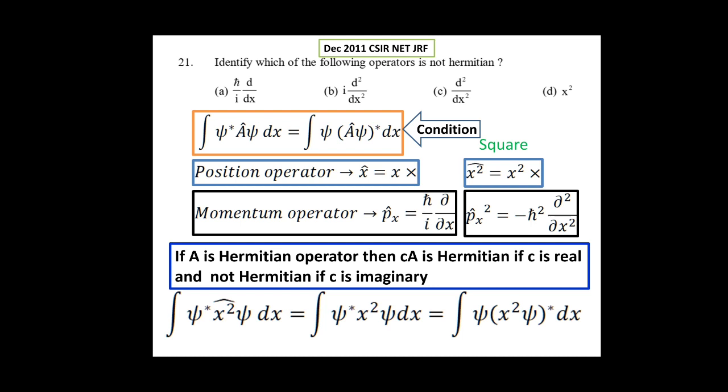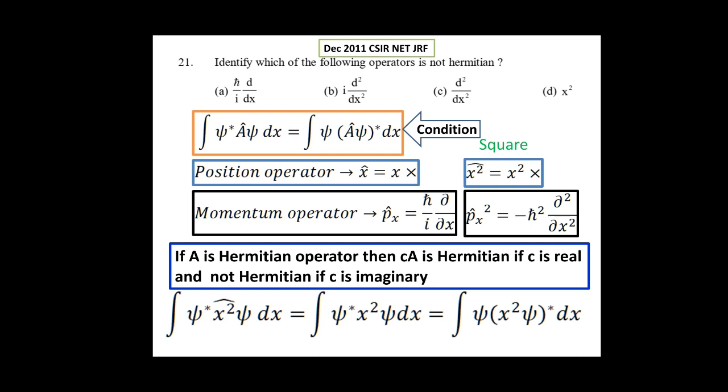Now if you see option D, which is x square: if you square the position operator you get x square. If you square the momentum operator you get px square, which is equal to minus h cross square del square by del x square.